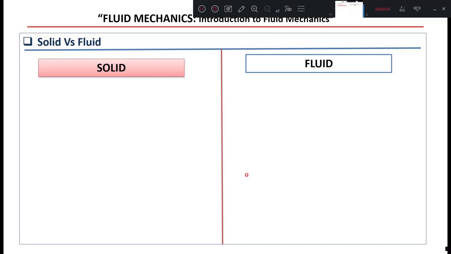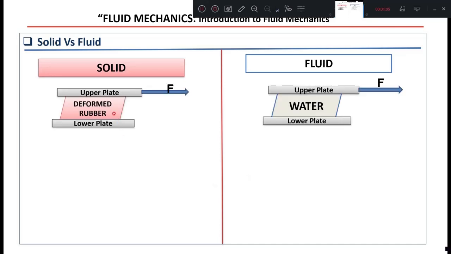We have seen the two experiments: one, when the solid was held between the upper and lower plates, and the other, when the fluid is held between the upper plate and the lower plate. With this experiment we can differentiate between a solid and a fluid.